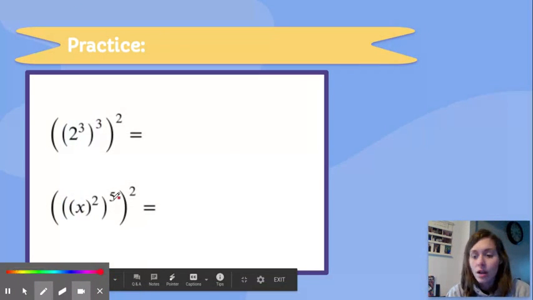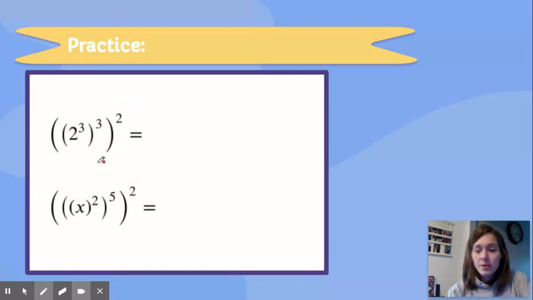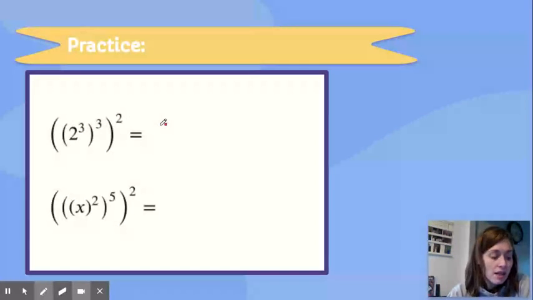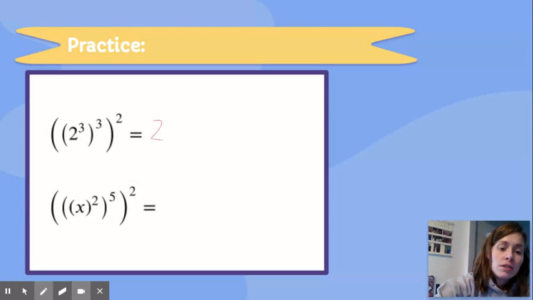All right, so for the next example, we have 2 to the third squared. And so we just multiply all of the exponents to simplify. So we'll say 3 times 3 is 9, times 2 is 18. And so that'll become 2 to the 18.